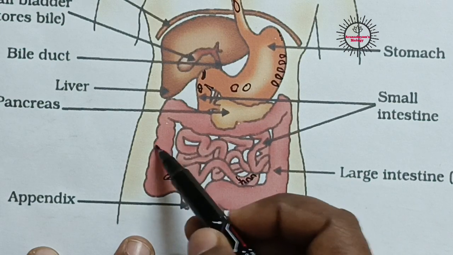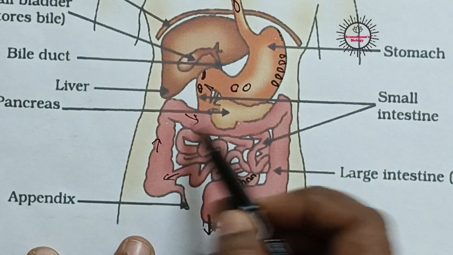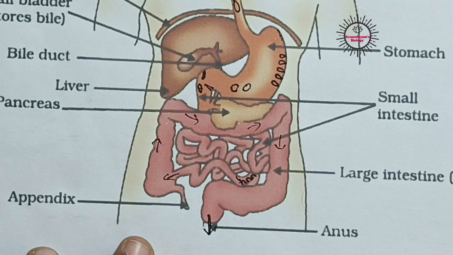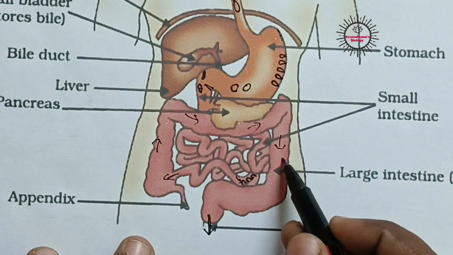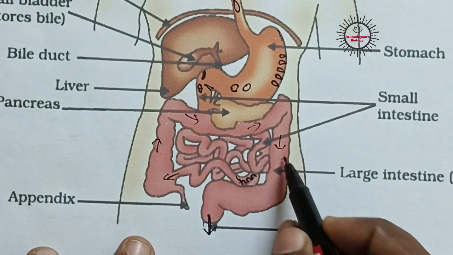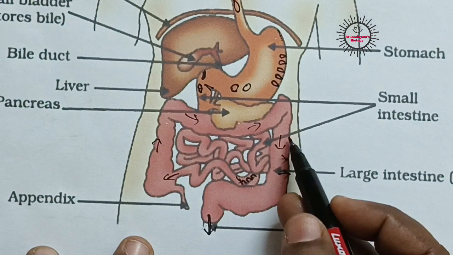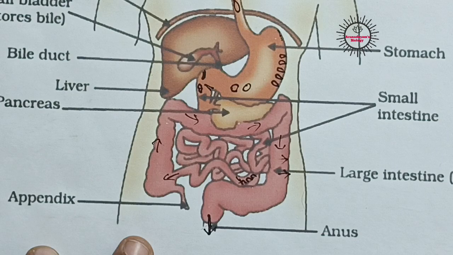When the food is passing through the large intestine, if extra water is present in the waste food material, it gets absorbed into the walls of the large intestine. If any useful minerals like iron or magnesium are present, they will also get absorbed through the walls into blood.